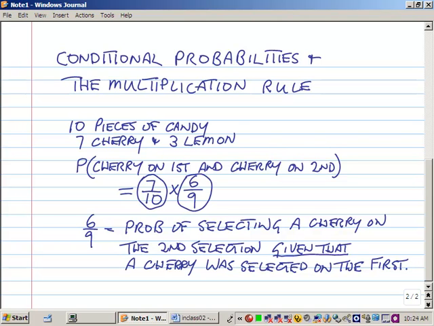And you must of course understand that the probability of selecting a cherry on the second depends greatly on what flavor piece of candy was selected on the first.